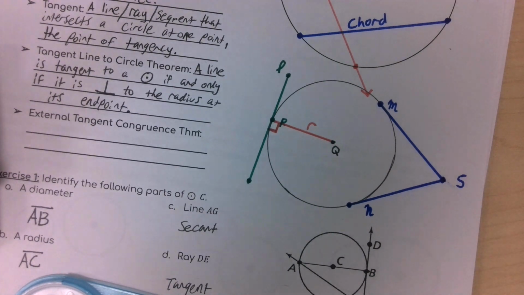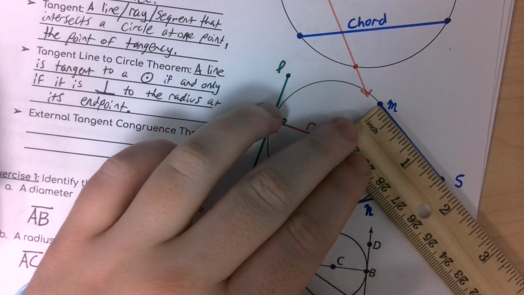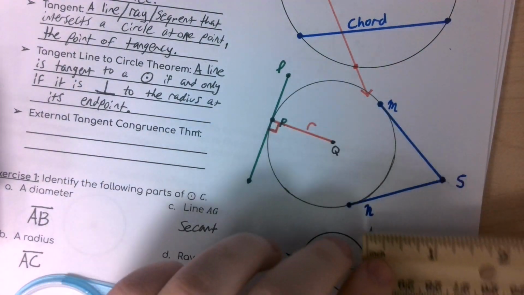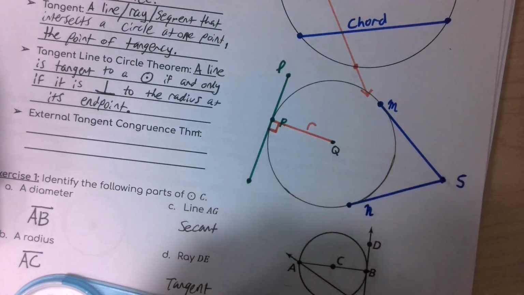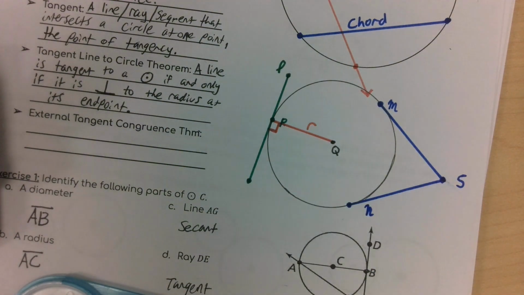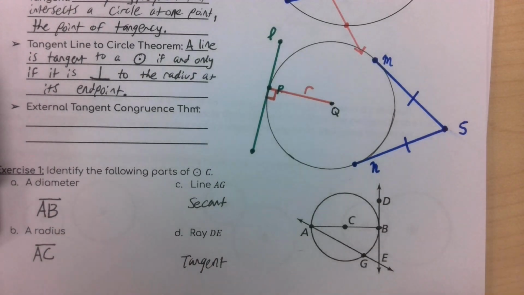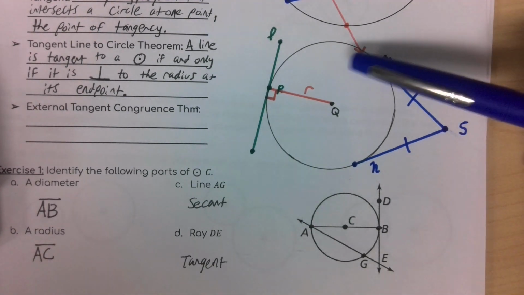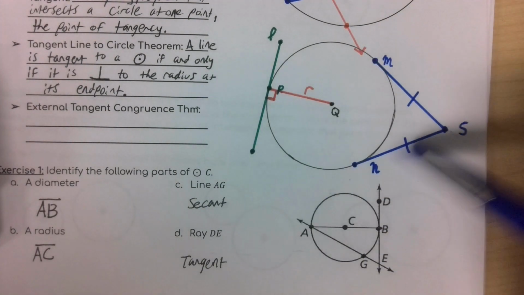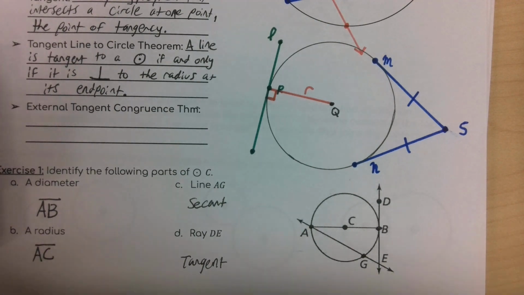We may notice that these are about the same length. If I drew them exactly correctly, they would be exactly the same length. But for right now, I would say that's actually pretty dang close. Here's the rule. Anytime you have an external point and you draw two tangents from your circle to that point, those two tangents are going to be congruent no matter what.